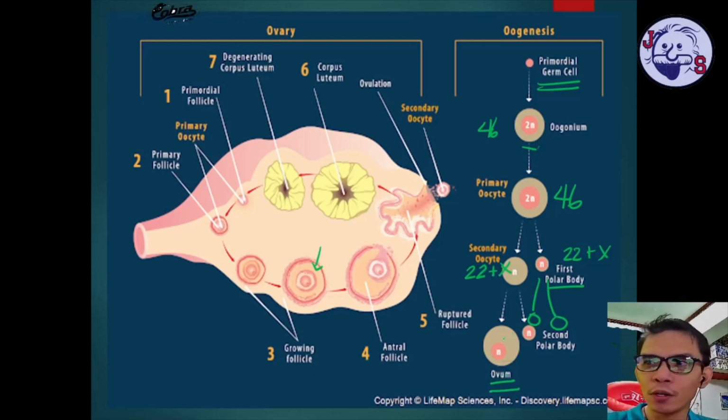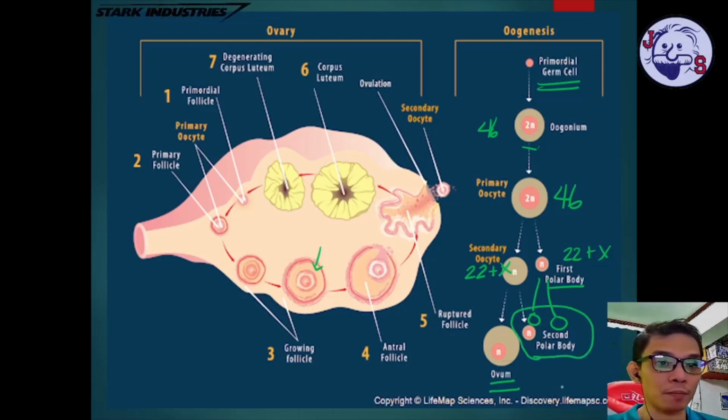So this is the ovum, the much more developed egg cell called the ovum. In total, we have three polar bodies. Coming from the first polar body, two, then we have the second polar body.